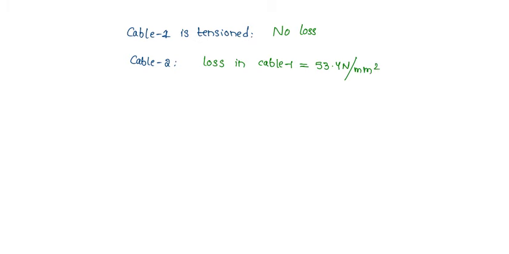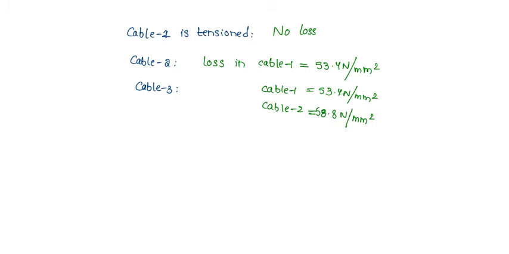Whereas when cable 3 is tensioned, loss in cable 1 is 53.4 Newton per mm square and loss in cable 2 is 58.8 Newton per mm square.